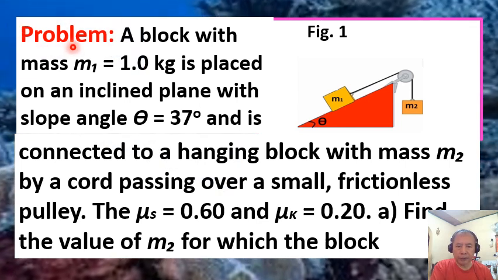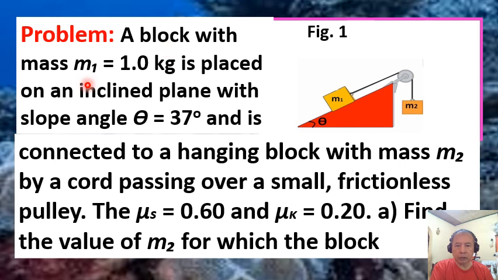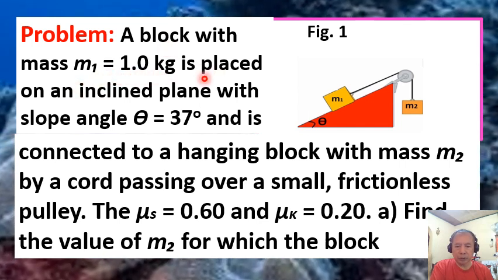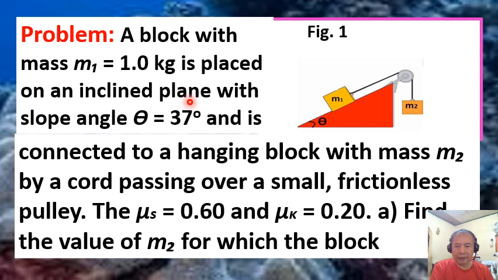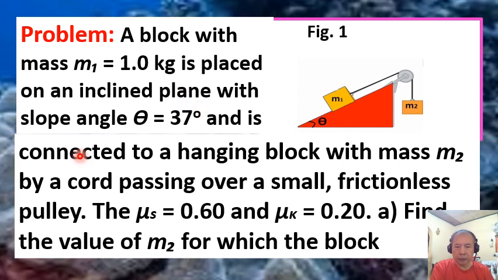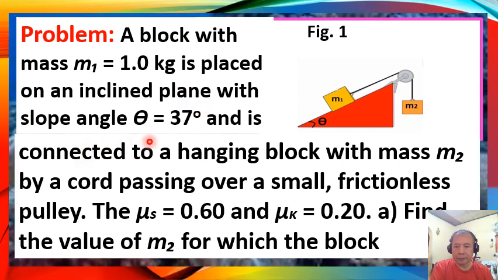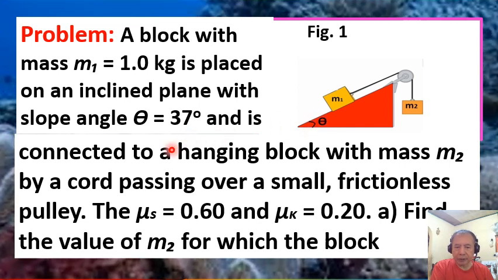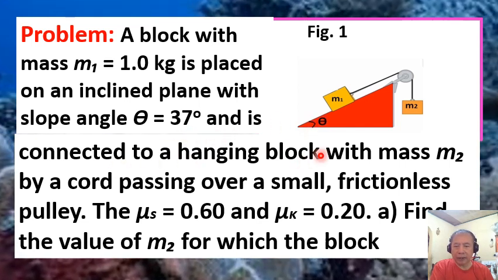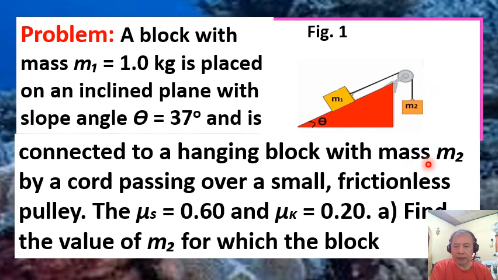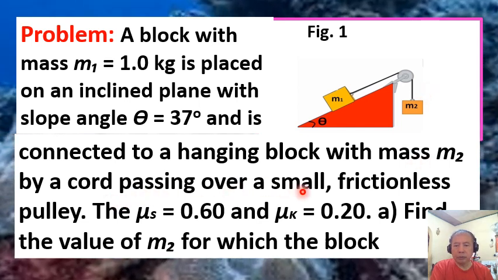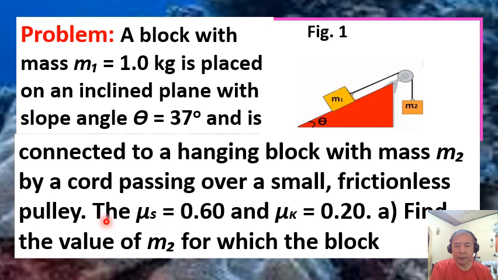The problem: a block with mass m1 equal to 1.0 kilogram is placed on an inclined plane with slope angle theta equal to 37 degrees and is connected to a hanging block with mass m2 by a cord passing over a small frictionless pulley.